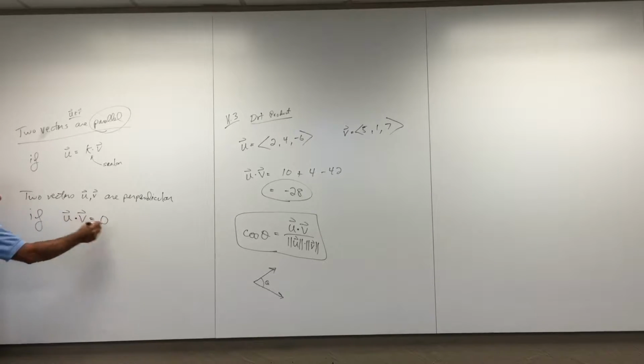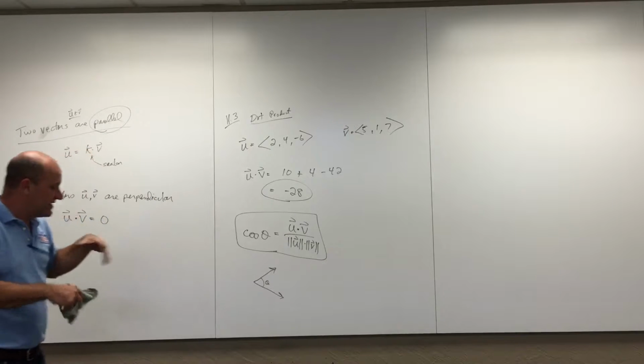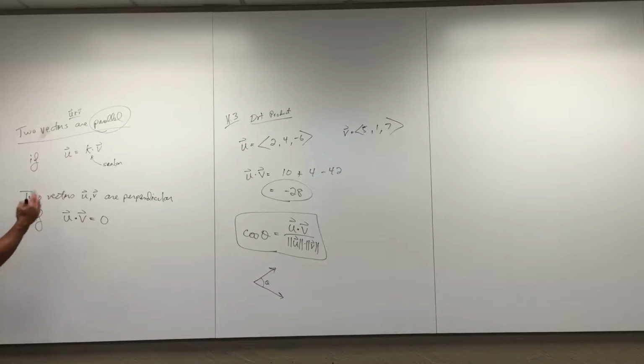To me, that's one of the most important concepts of the dot product. When are two vectors perpendicular to each other? How can you test to see if they're perpendicular to each other? When their dot product is 0.